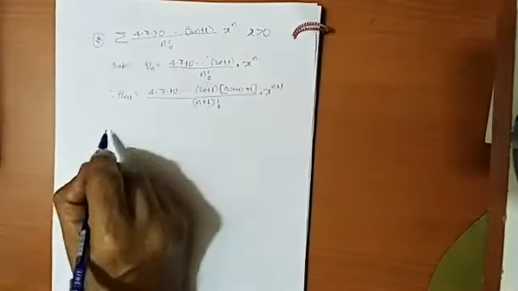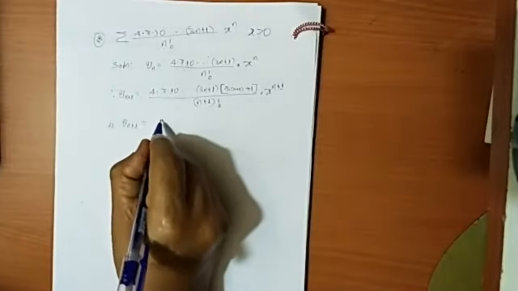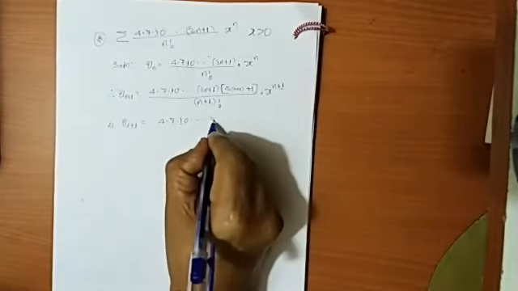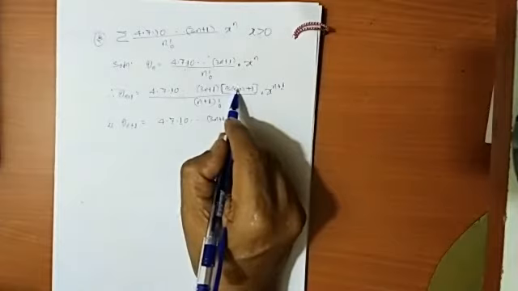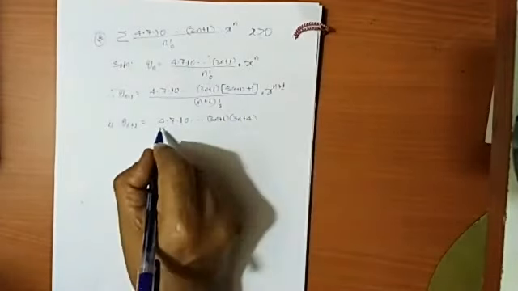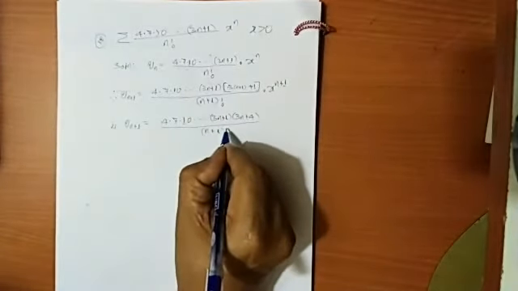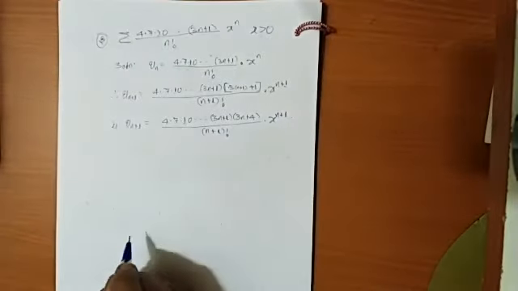If I simplify this, u_{n+1} will be 4 into 7 into 10, and so on, 3n plus 1, into 3n plus 3 plus 1, so 3n plus 4, divided by n plus 1 factorial into x raised to n plus 1.